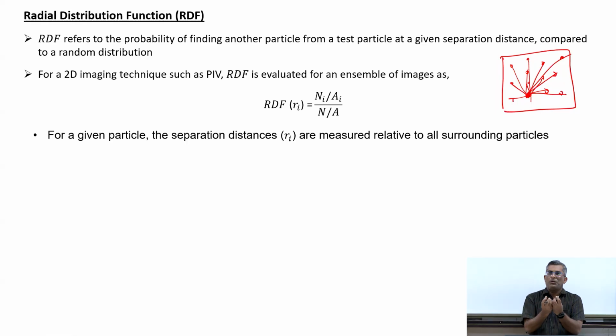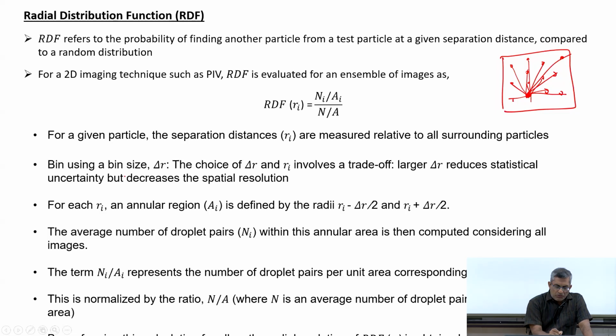So, what would you have finally? You will have the separation distance. So, you will have a matrix of the separation distances, okay, that corresponds to the entire ensemble. Then you use some bin size and bin all the separation distances. Okay.